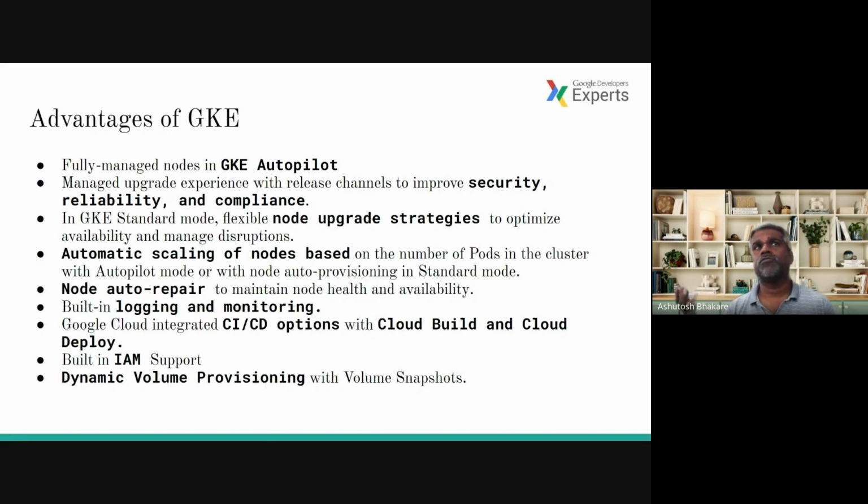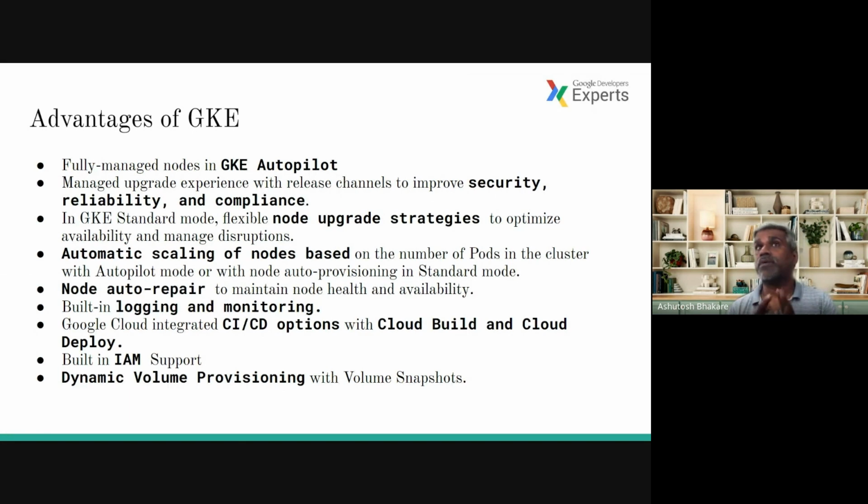Then we have, of course, logically, a good compliance ecosystem. It supports HIPAA compliance, PCI compliance, most of the compliances. It has security because of IAM, right? And the control plane is managed by the Google ecosystem itself, so it is reliable in terms of high availability also.